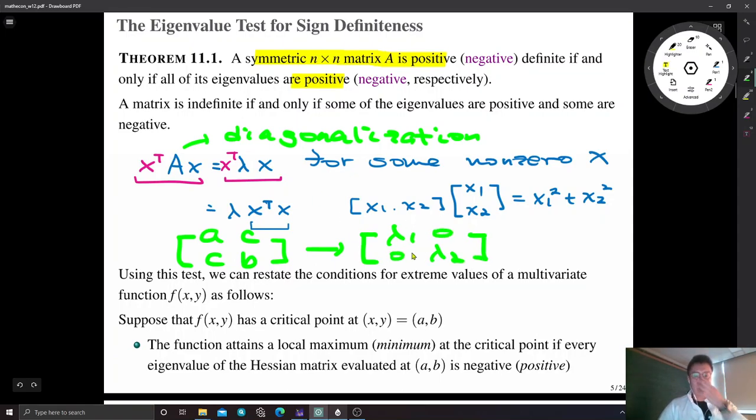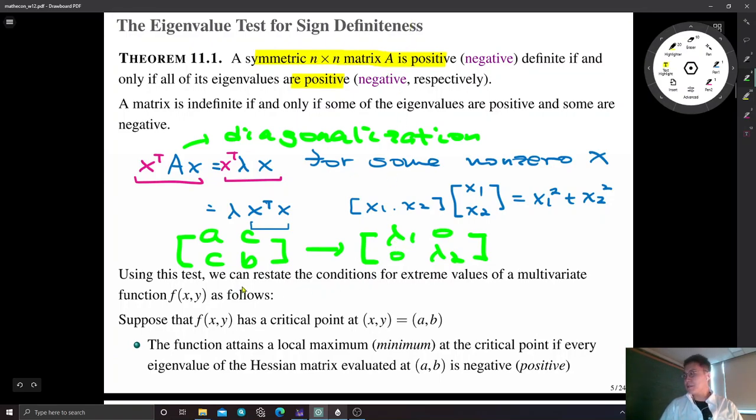So the off diagonal entries are 0, and we have some non-zero numbers on the diagonal only. Okay. This part is also very important in linear algebra, and that is the key essence of the eigenvalue. But due to lack of time, let me skip this. Okay, so just remember this eigenvalue test for sign definiteness.